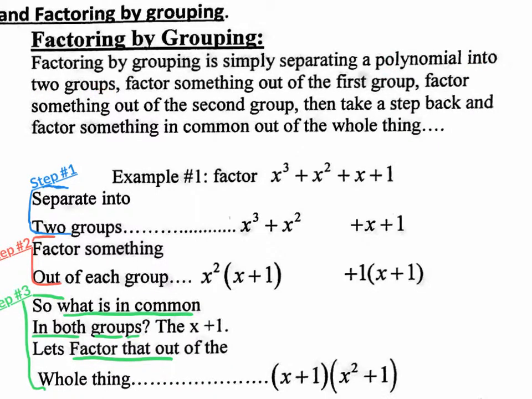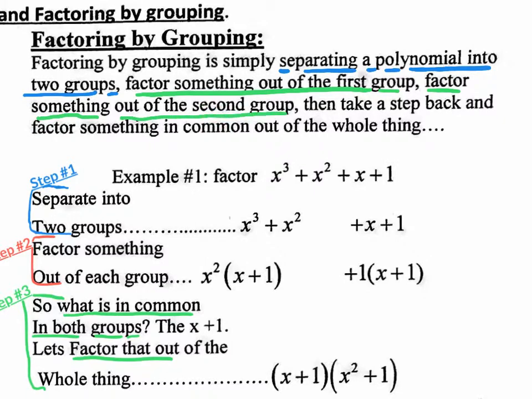And you know what? I might as well start labeling this. If you separate a polynomial into 2 groups, that right there is step 1, just to let you know. And then after that, you factor something out of the first group and you factor something out of the second group.